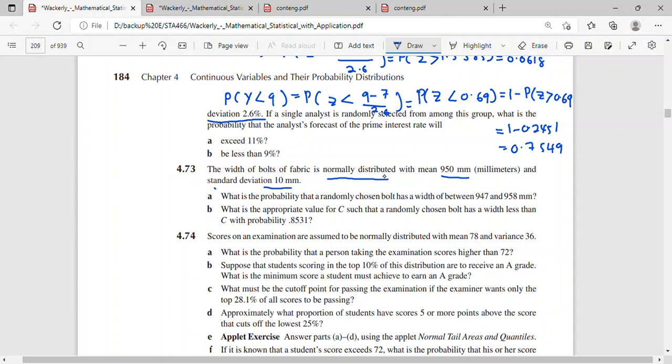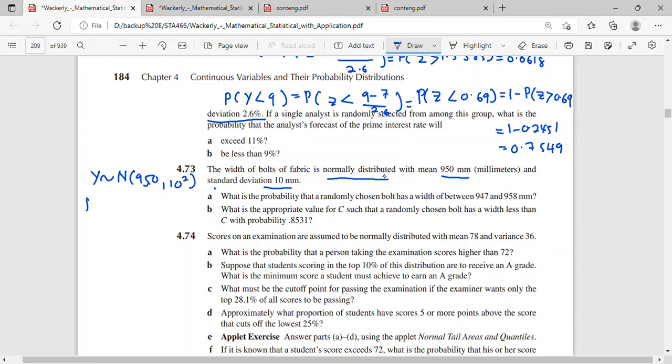Okay, so apa you perlu buat, because of we know that Y adalah width of the box of fabric, we name it as Y. It's normally distributed with a mean 950, variance 10 square.